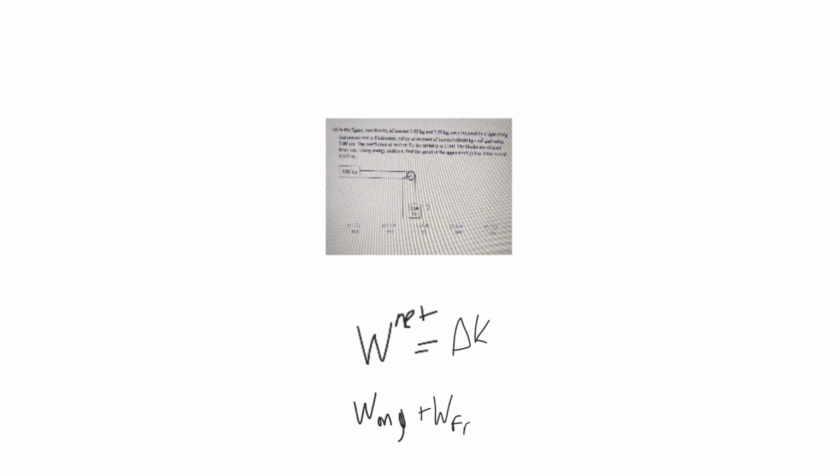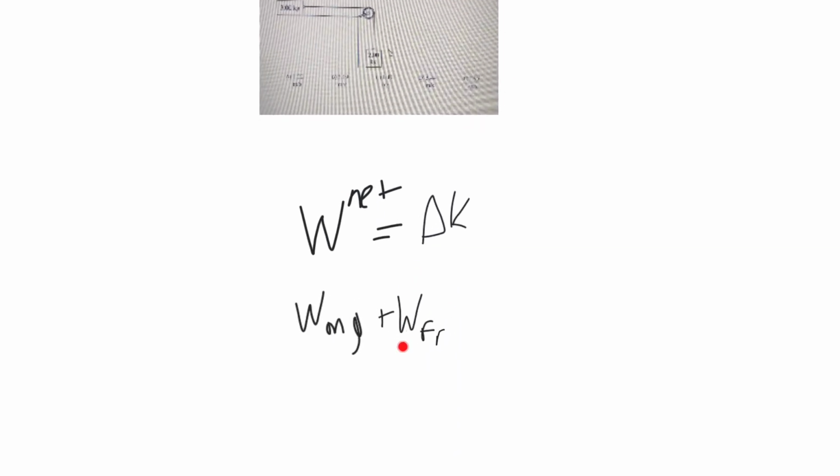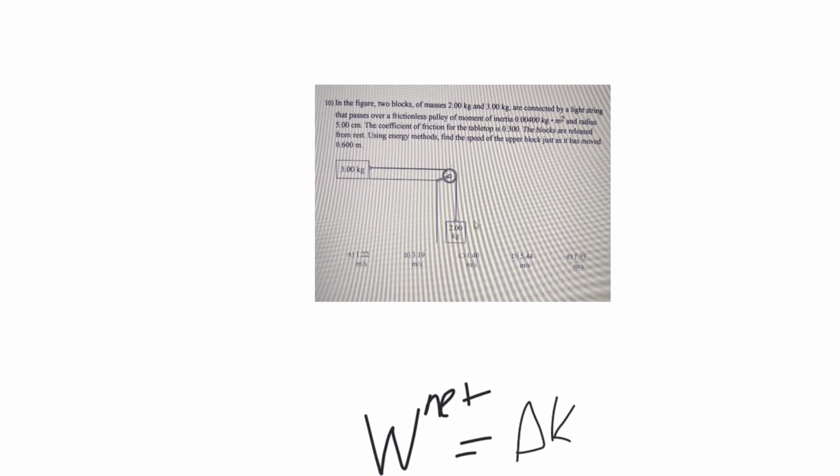The weight is going downward, and it's perpendicular to the displacement, so the work done by the weight on this block is zero. And now the work of the friction is negative, and it's only going to be acting on this one right here.